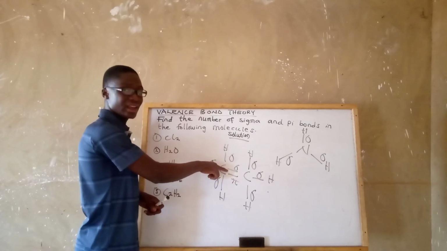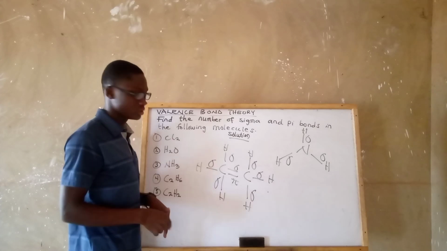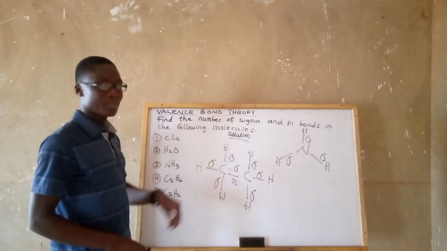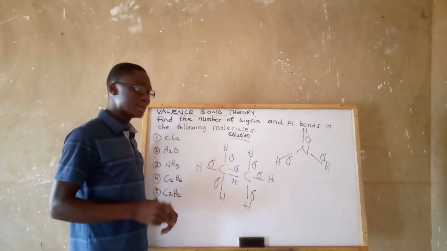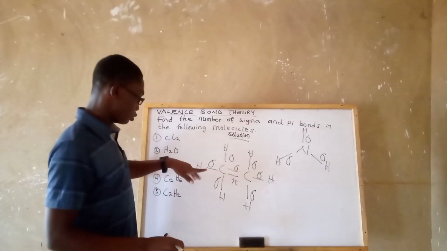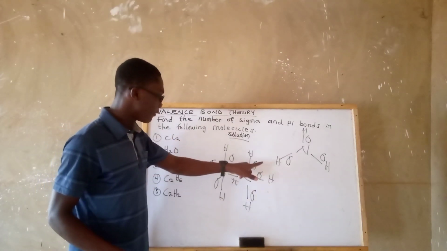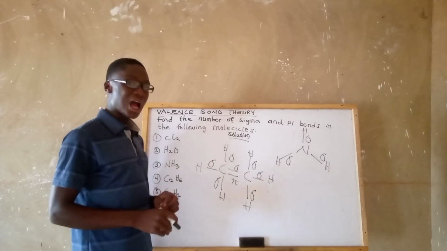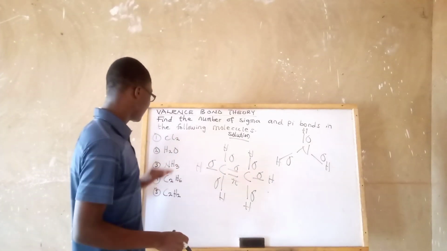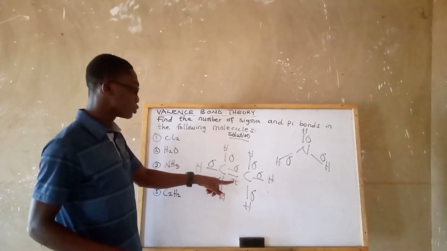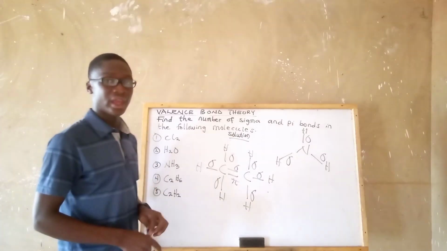So this is a sigma bond, then you have a pi bond here. So let's count the number of sigma bonds and pi bonds. For sigma bonds we have 1, 2, 3, 4, 5, 6, 7. So you have 7 sigma bonds in C2H6, and you have just one pi bond in C2H6.